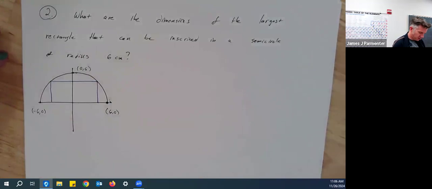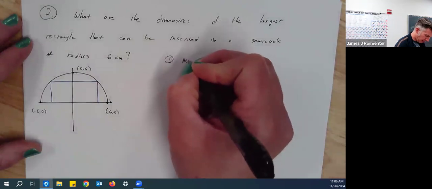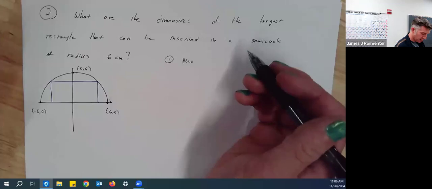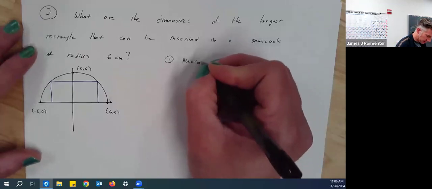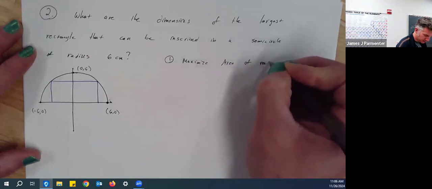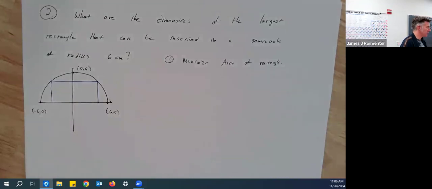So again, I want to maximize. Largest rectangle, so the largest by area. So I'm trying to maximize the area of the rectangle. I need to label some sides here.